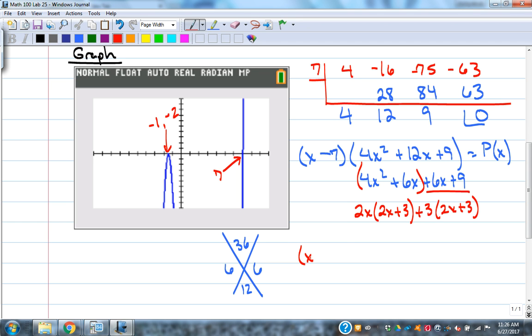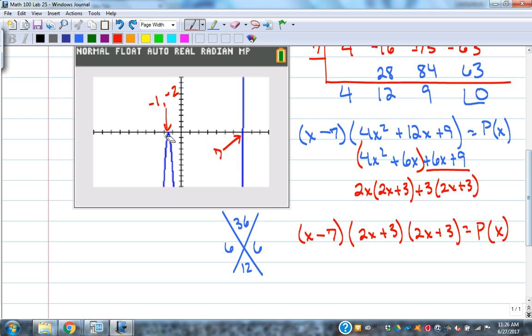So the factors are x minus 7, then we have 2x plus 3 twice. And that shouldn't be a surprise, because when you have a repeated zero or repeated x-intercept, this one has a multiplicity of 2 because it happens twice.